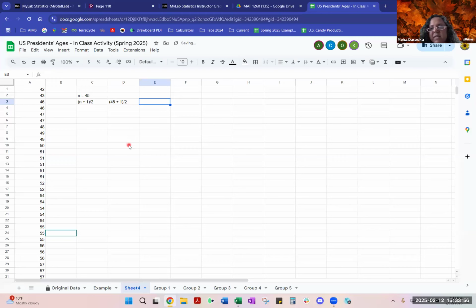And we know 45 plus 1 is 46. So that would be 46 divided by 2. And of course, 46 divided by 2 will come out to be 23. So this is the position. You are looking at the 23rd position to find your median. So what will our median be?